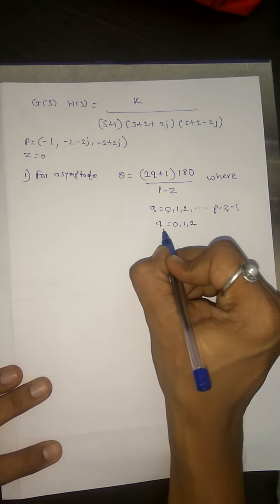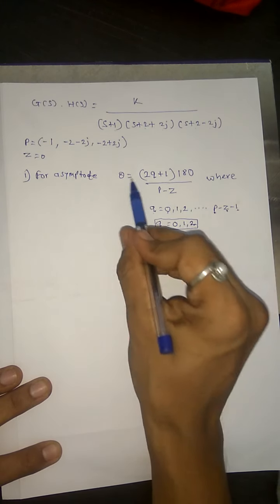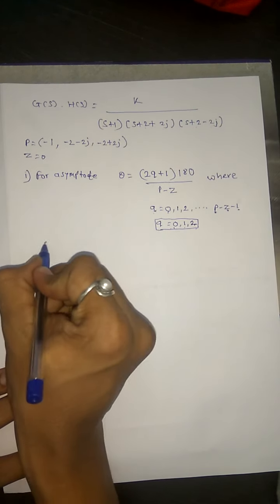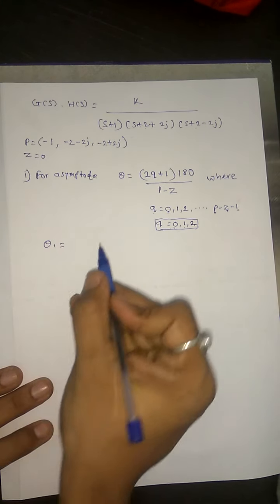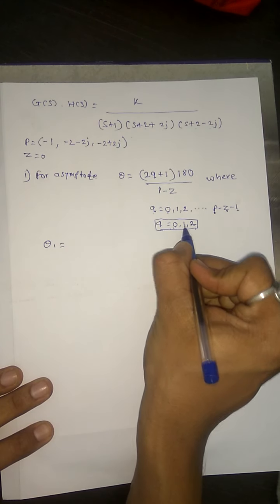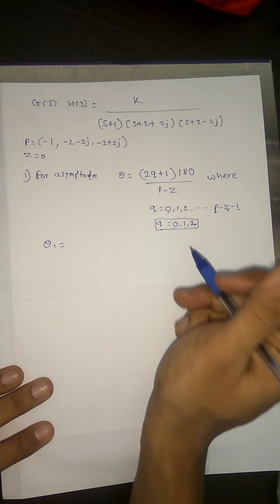So for these three values we have to find three angles, theta 1, theta 2, theta 3. For theta 1, put q equal to 0, then q equal to 1, and q equal to 2 at last. So ultimately we will get three values.